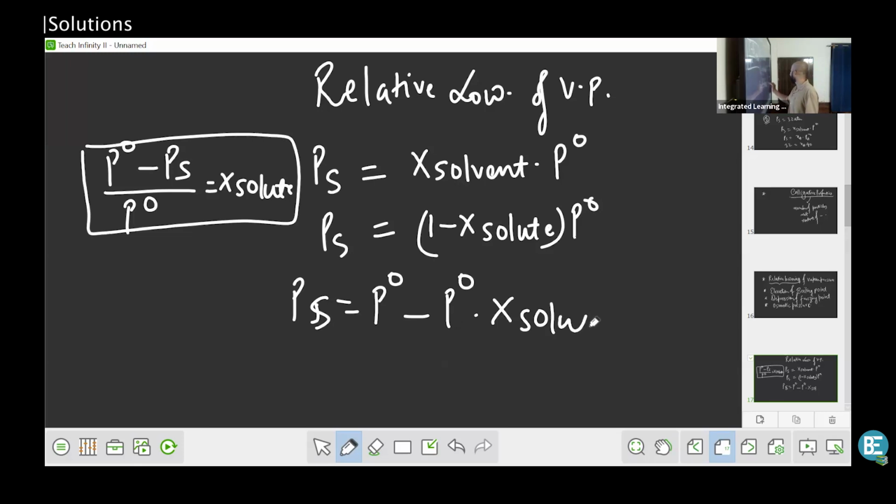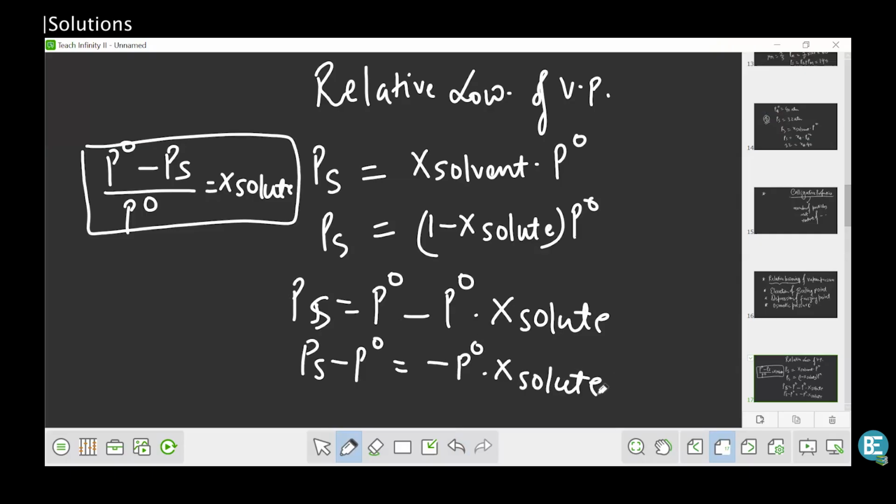Is that clear now? Let's go line by line. I'm sending this one on the right hand side and this whole thing on the left hand side. Or wait a minute, let's simplify this further. Can I write it like this? Ps minus P naught is equal to minus P naught into X solute. Now, can I take minus common from this side?